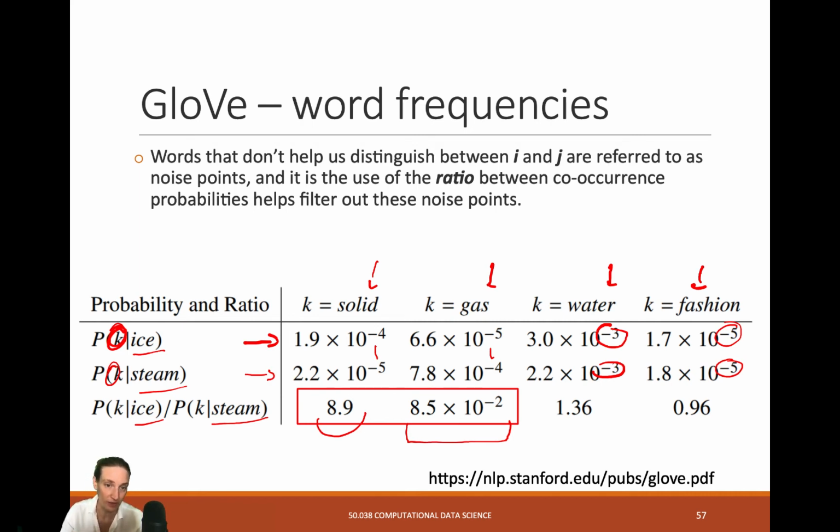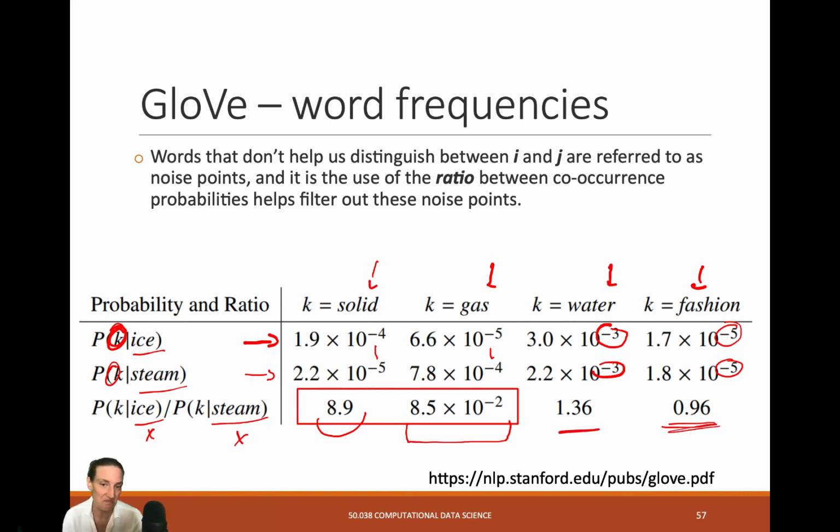Actually, it goes even further, and it allows us to say that gas and ice are less related than gas and steam. Okay. Because if we're using probe words that are not related to either of the words in our ratio, then we get something that is much closer to zero.